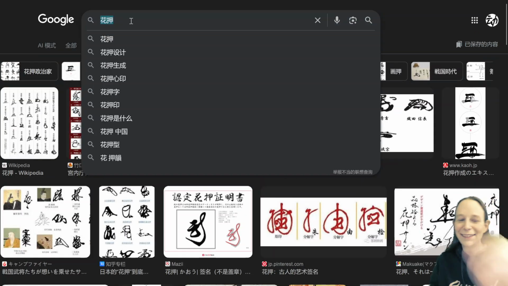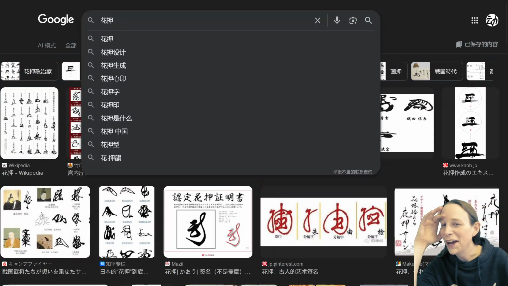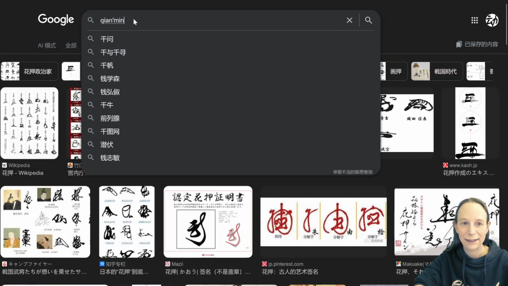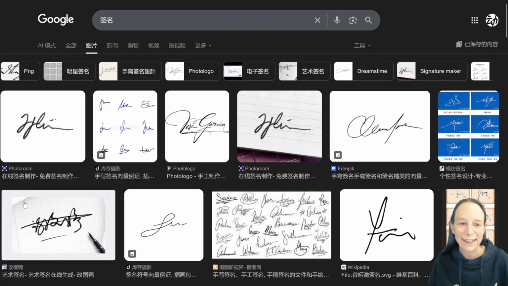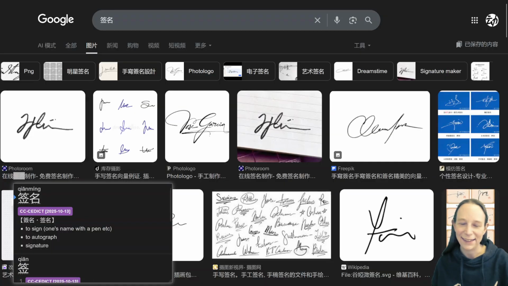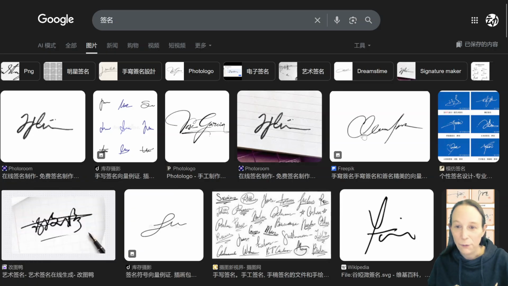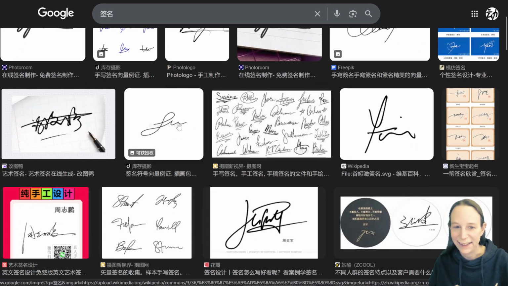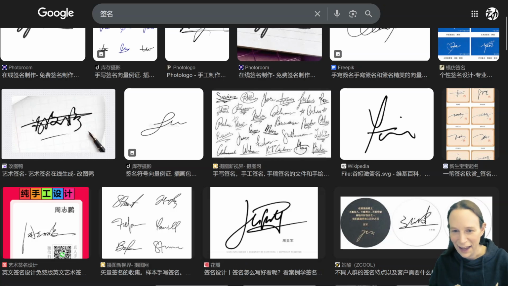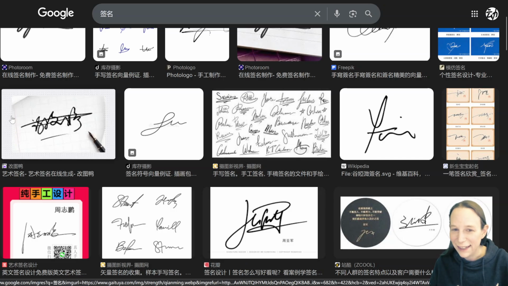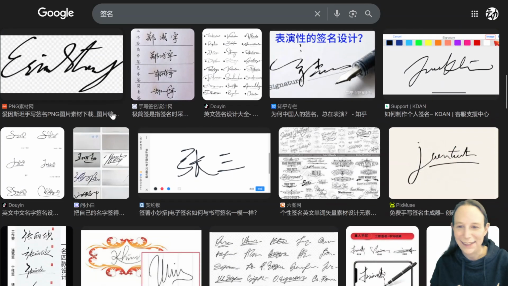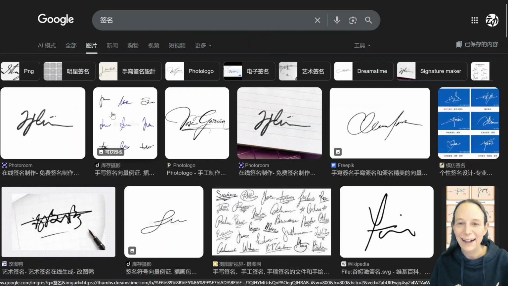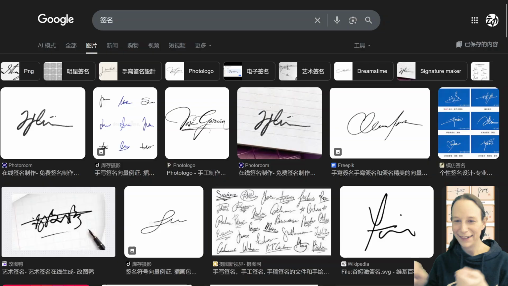So I don't know. When people come to China, we're asked to put our 签名, our signature, on things. Now, what we think is a signature is this. But what people want is for you to write your name. It's not a signature. Writing your name is just writing it in words.